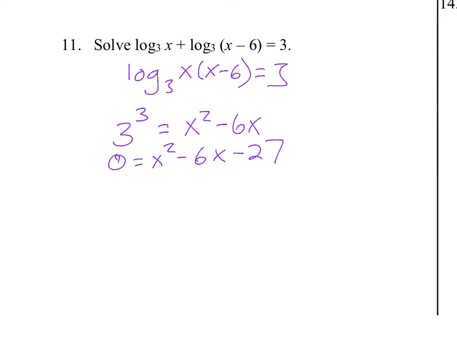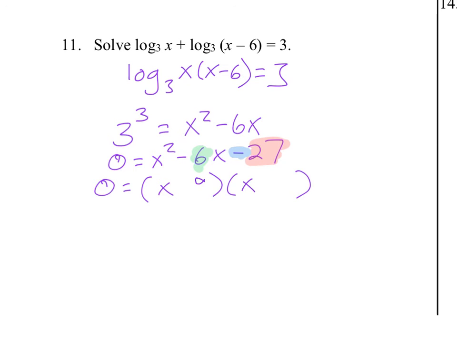Now I've got a quadratic, I factor. Let's do it this way. Factors of 27 that subtract to 6. 27 is 9 times 3.